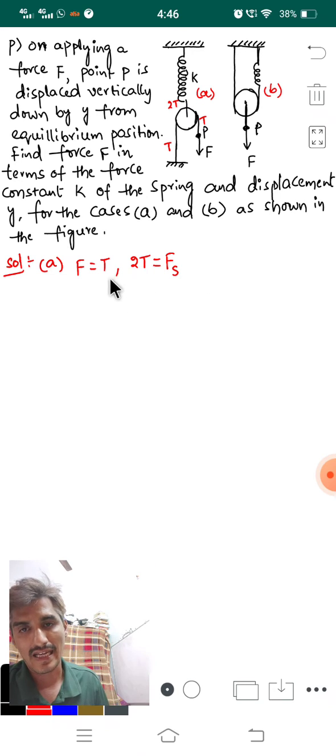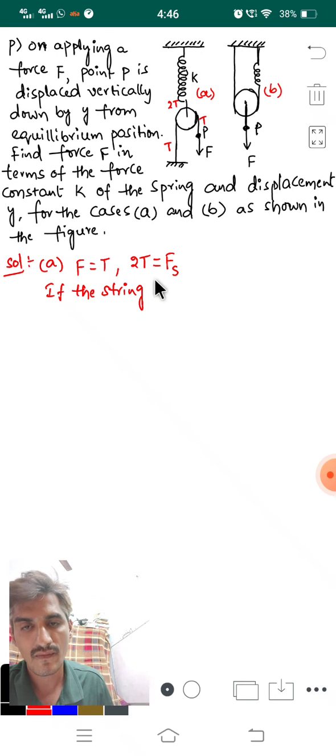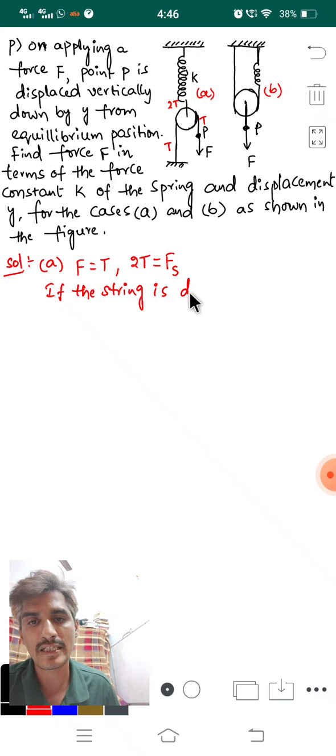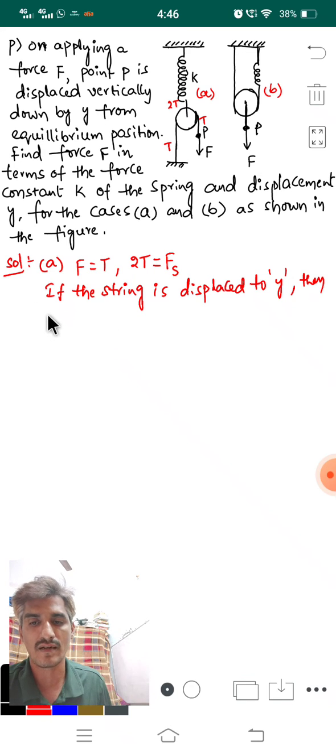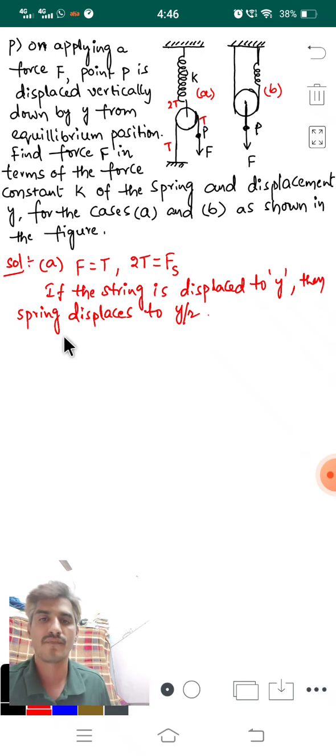Therefore, here, if the string is displaced to y, then as we have seen in the previous example, the spring displaces to y by 2 distance.